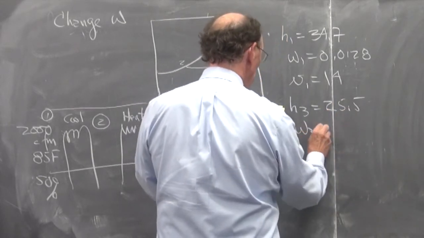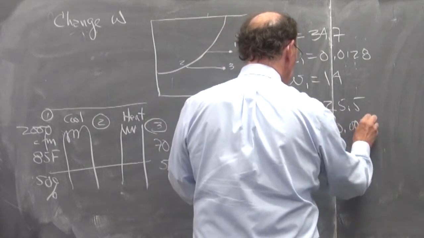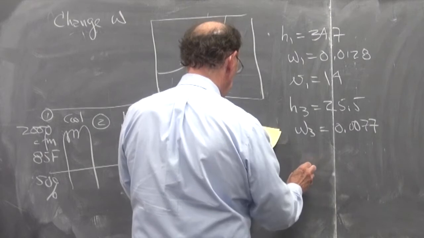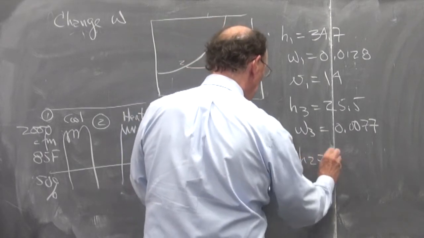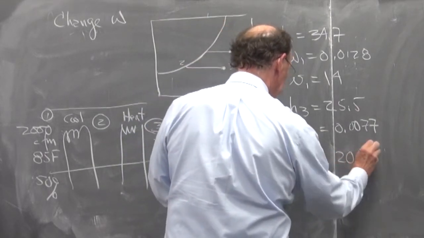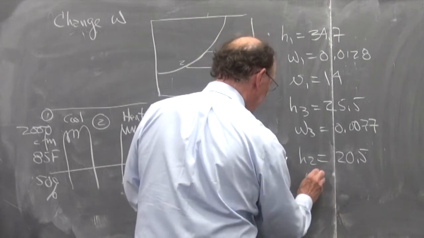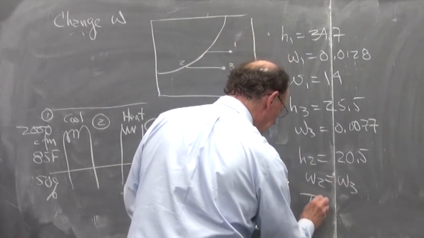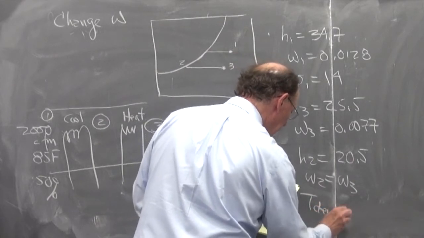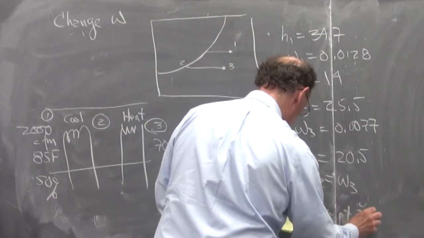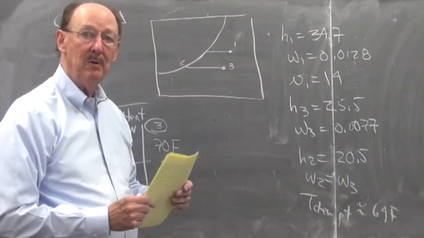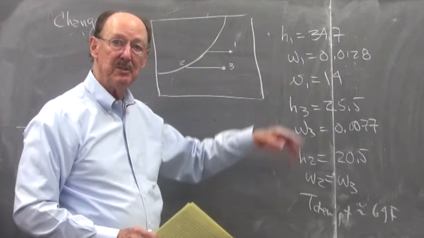Omega 3 was 0.0077. H2 is 20.5, and obviously omega 2 equals omega 3. And the dew point was about 64 degrees Fahrenheit. So you can find these values.